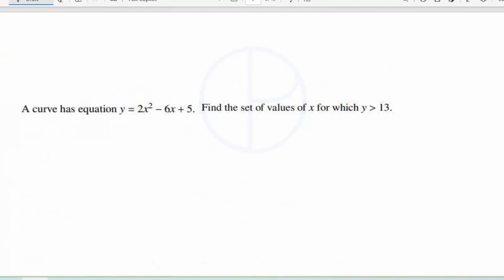The next example is a curve has equation y equal to 2x squared minus 6x plus 5. Find the set of values of x for which y is greater than 13. This question is from the paper 12 ON 16.